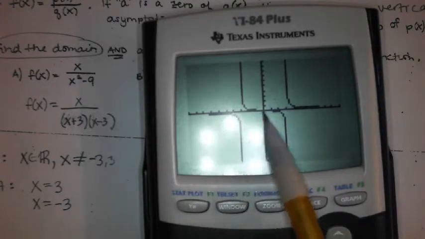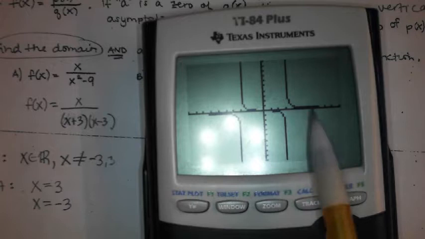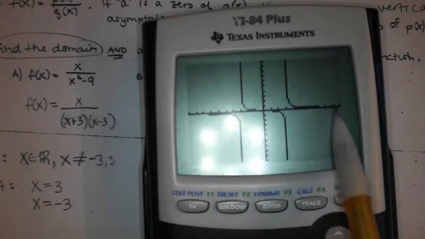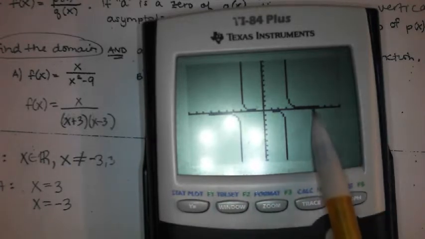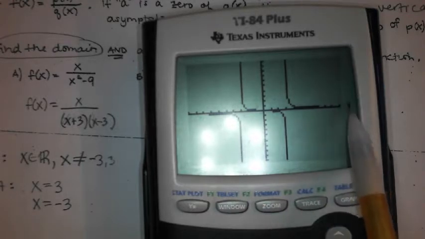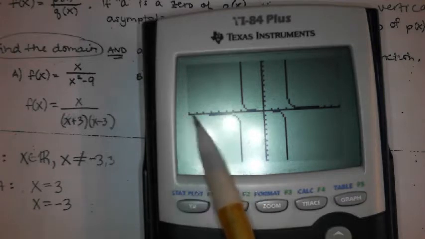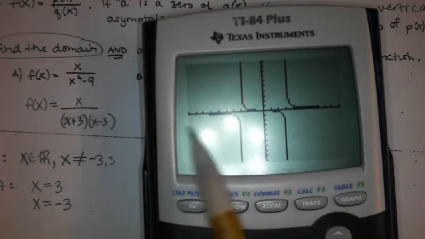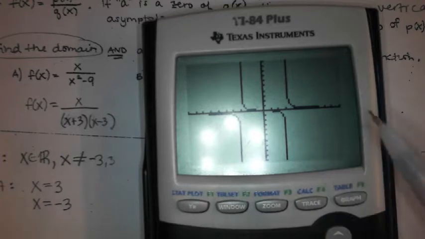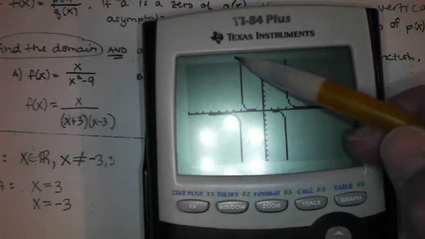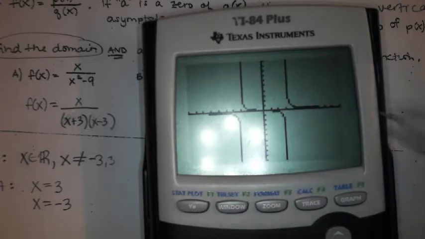But this line y equals 0 is still an asymptote because when you're moving towards end behavior, this portion of the graph is getting closer and closer to it without crossing it. And this end of the graph is getting closer and closer to it without crossing it. So horizontal asymptotes really serve as a guide for your end behavior. Your graph is allowed to cross horizontal asymptotes as it does here. That's a key point. Does that make sense? All right, we'll look more into that in a minute.